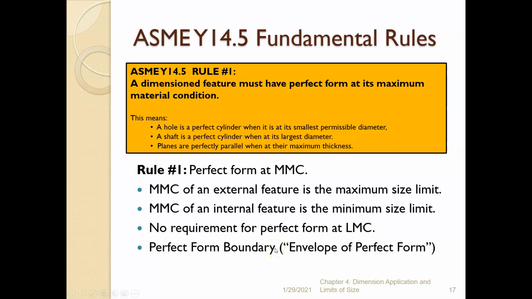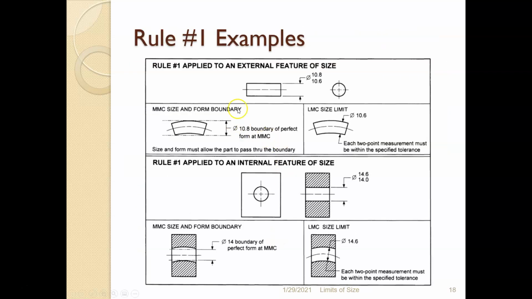And this really helps me to understand the concept for this rule. So what would be the envelope of perfect form for a shaft? Well, it would be a hole. Okay. So imagine the shaft. If we make a perfect form to fit that shaft, it would be a hole.